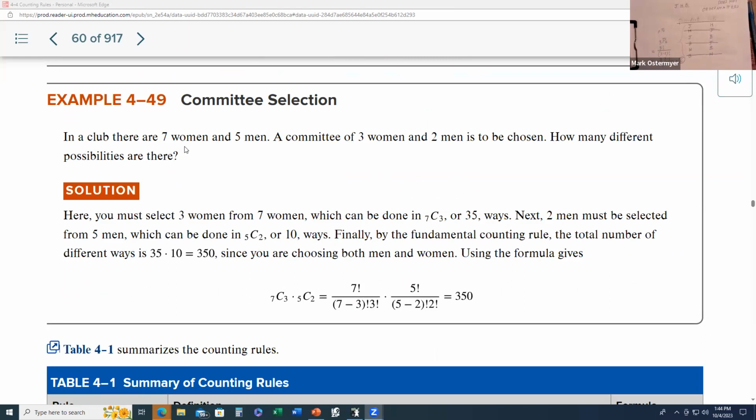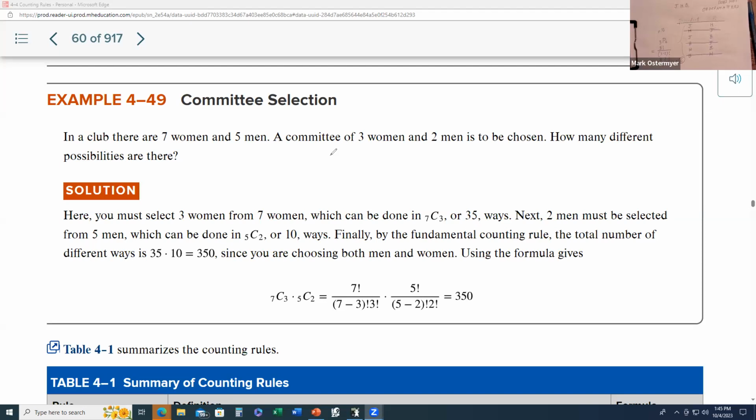In a club, there are 7 women and 5 men. A committee of 3 women and 2 men is to be chosen. How many different possibilities are there? This is a little bit more complicated of a situation as far as counting is concerned. I got a question for you, ladies and gentlemen.